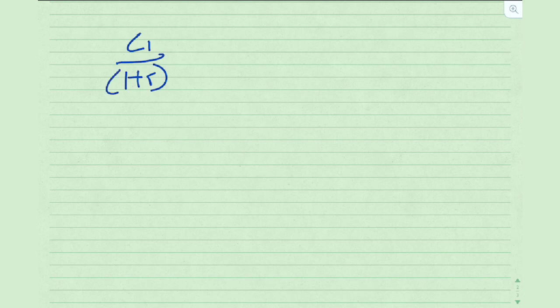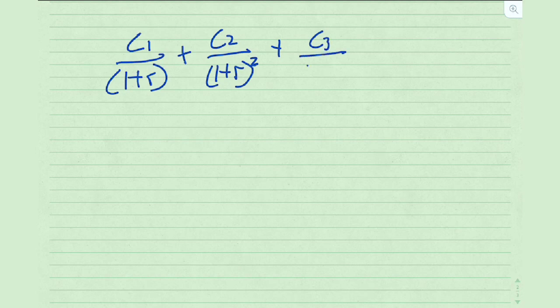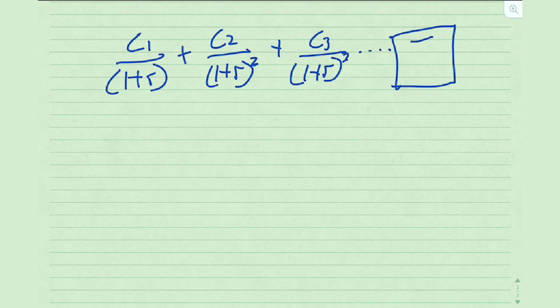And then you would go into your cash flow 2 over 1 plus R squared. Plus cash flow 3 over 1 plus R to the 3. And you'd go on doing that until the terminal value.